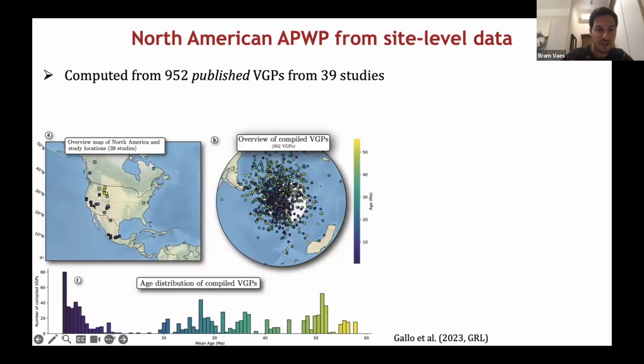And you can see here an overview map of where all those localities were, and the age distribution of the compiled data. And what is interesting is that here in figure B, you can see that the magnetic field variations are so large that it's quite hard to see a signal within this cloud of individual data points.